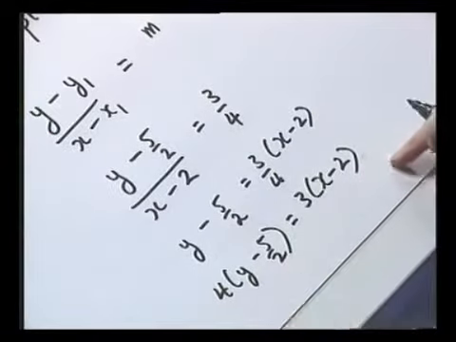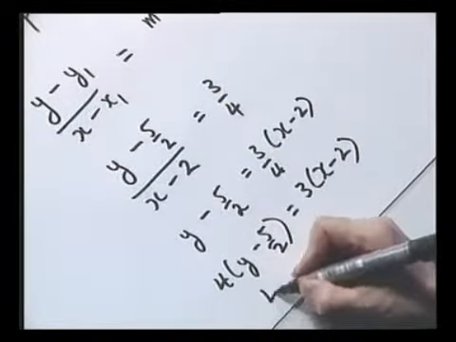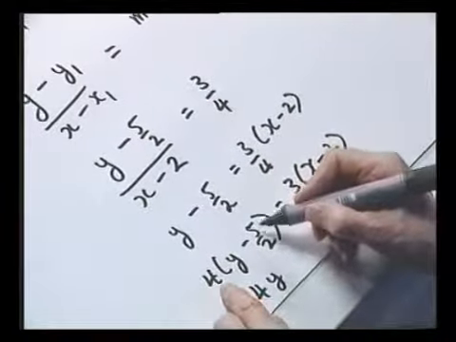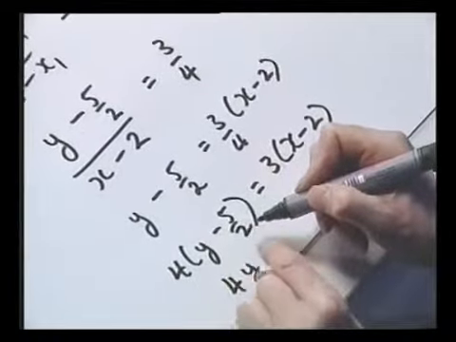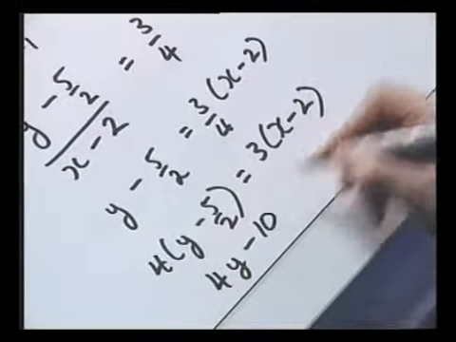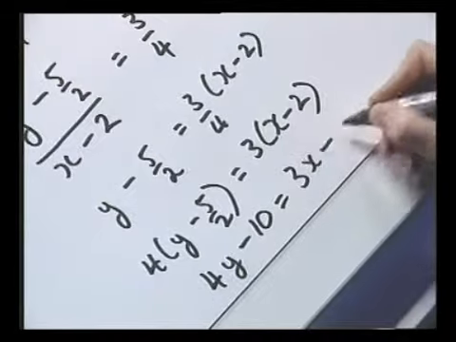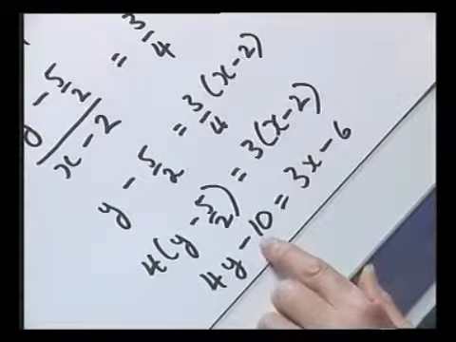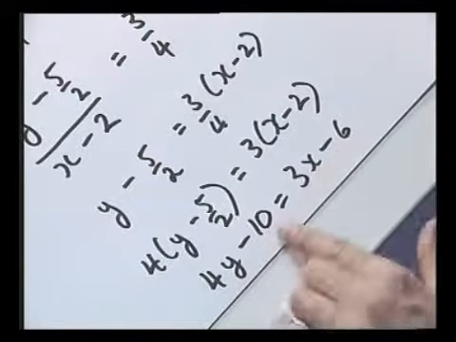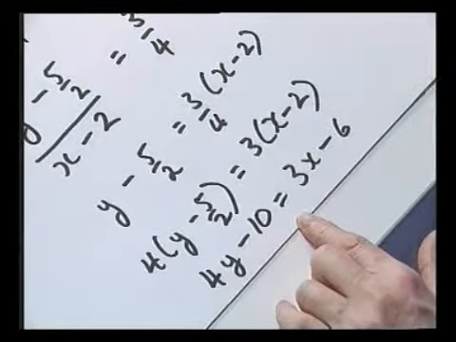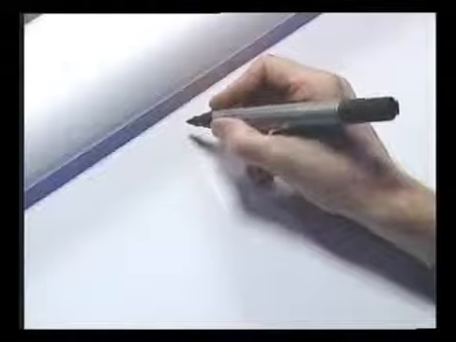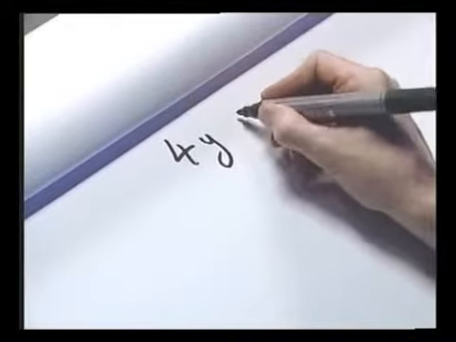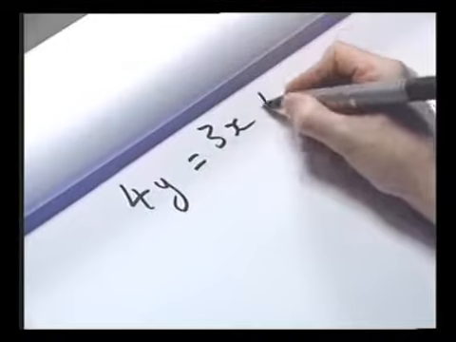And now if I multiply out the brackets, 4y, now 4 times minus 5 over 2. 4 times 5 is 20, divided by 2 is 10, and then the minus sign, minus 10, equals 3x minus 6. And it would be nice to get all these numbers together. So I'm going to add 10 to each side, which gives me 4y equals 3x plus 4. And so the equation of the tangent is 4y equals 3x plus 4.